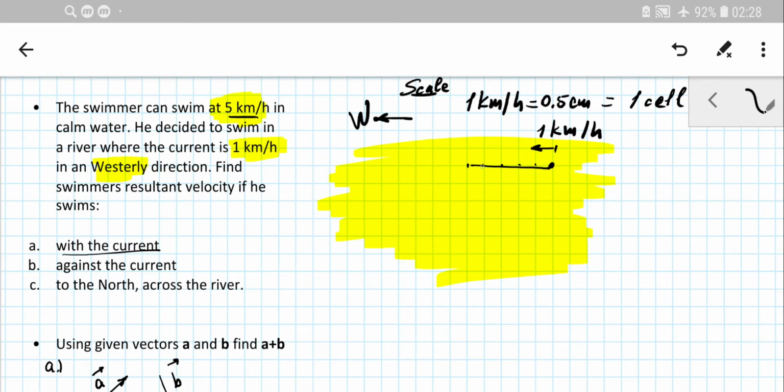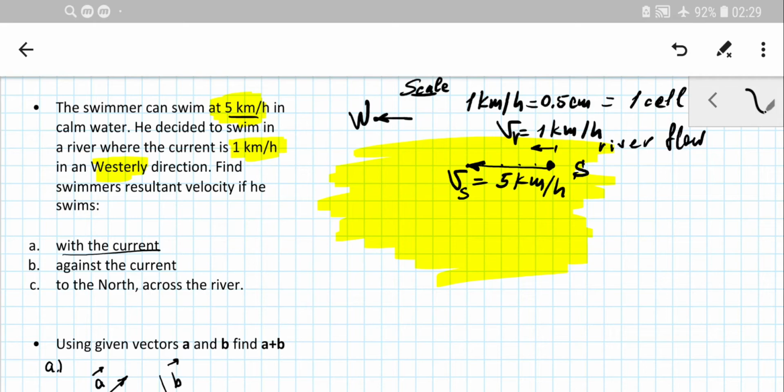That's the vector for the swimmer velocity, which is 5 km per hour. So that's the river flow, and that's the swimmer, okay? So we can mark them with indices, like swimmer velocity, and river for river flow.